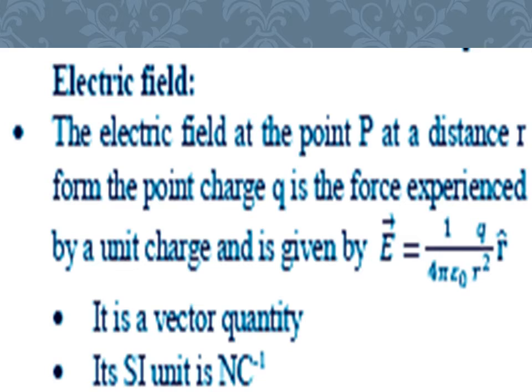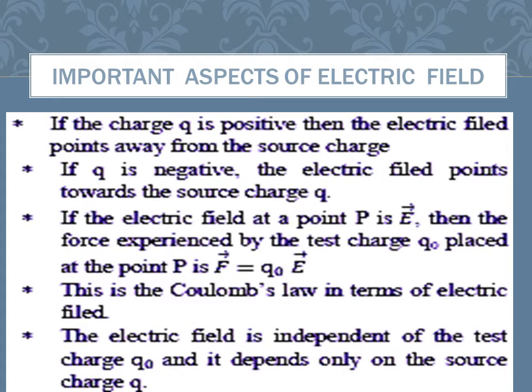The electric field at the point P at a distance R from the point charge Q is the force experienced by a unit charge, and is given by E vector is equal to 1 by 4 pi epsilon naught Q by R squared. Now you know electric field is a vector quantity, and the SI unit of electric field is Newton per Coulomb. This will come as a 2-mark question, the definition of electric field.